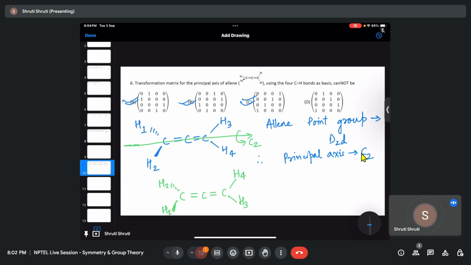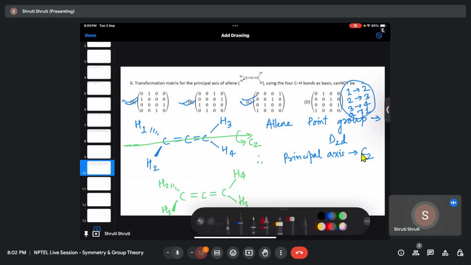But look at option D. It is changing 1 to 2, 2 to 3, 3 to 4, and 4 to 1. So this is not possible. There should be a pairwise change. All of them cannot change their place.